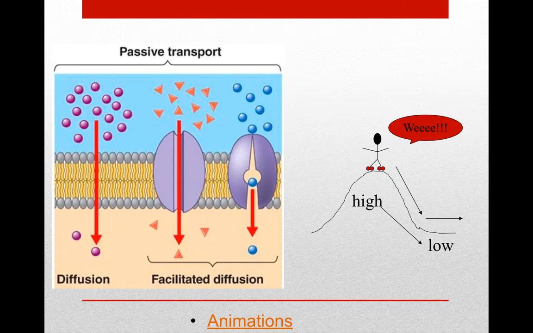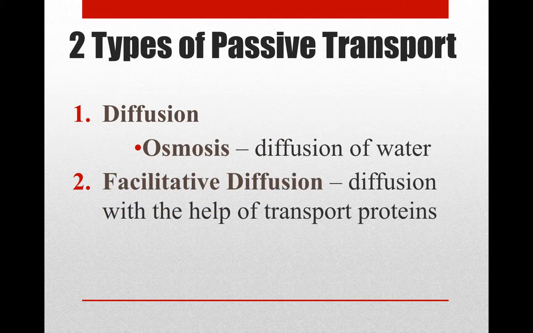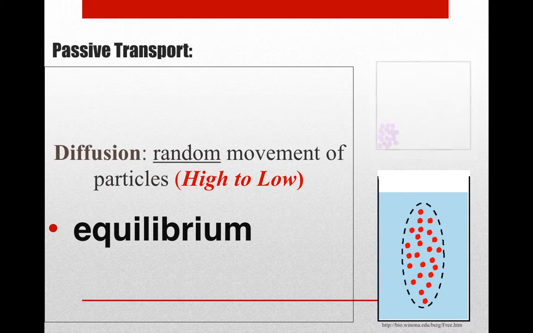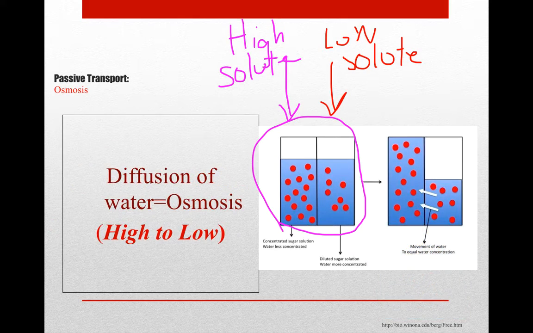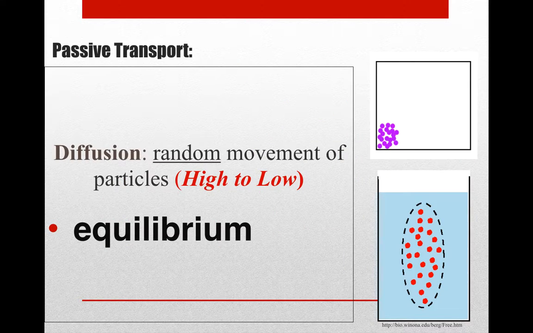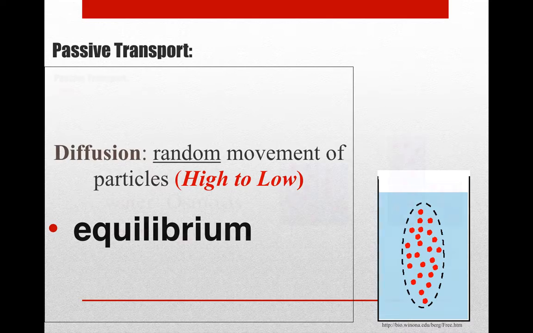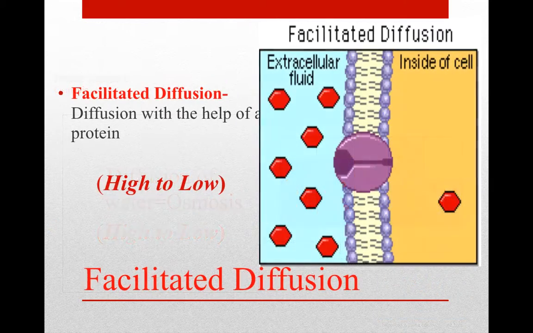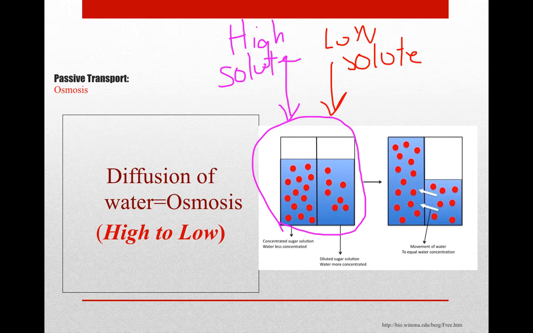So in this case, because I mentioned before it goes from high to low, we come back to this slide here. You might think, well, that doesn't quite make sense with what direction it goes. But if you recall, in this case we are talking just about osmosis. So while this has a high solute, it also has a low concentration of water.